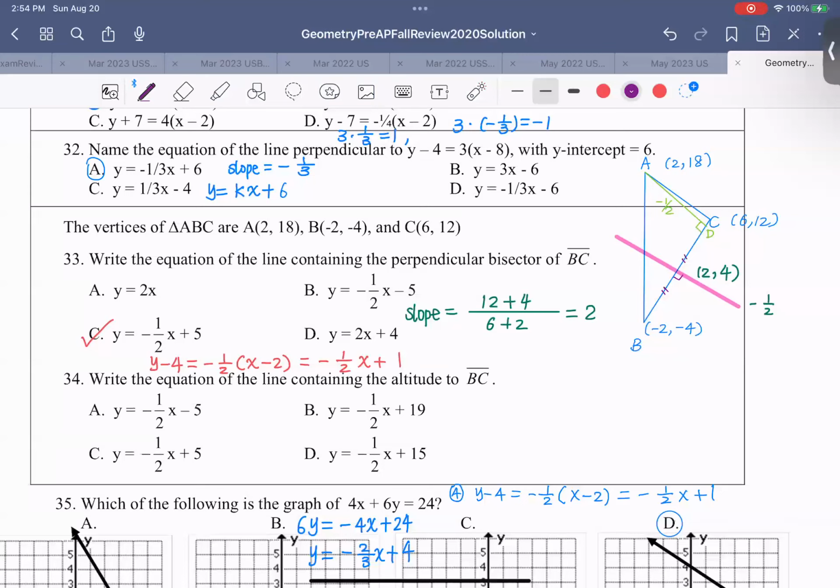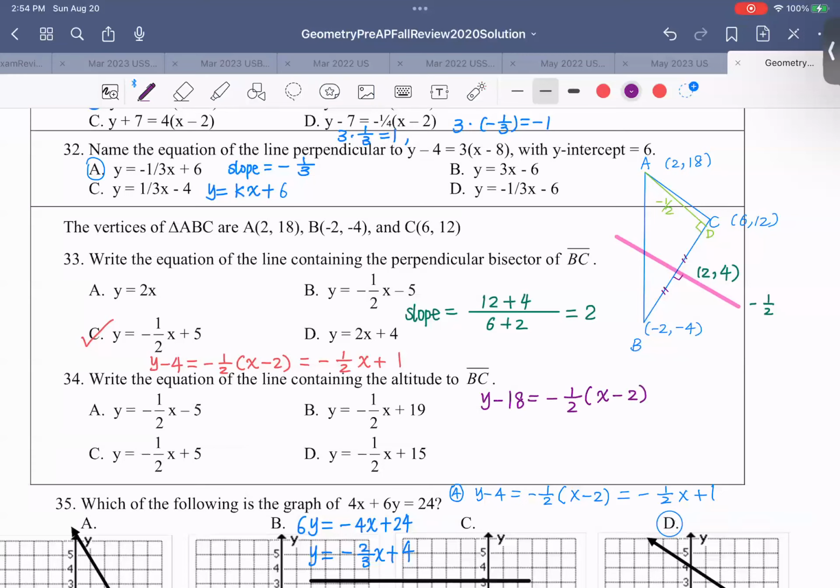So it would be y minus y1 equals negative 1/2 times x minus 2.